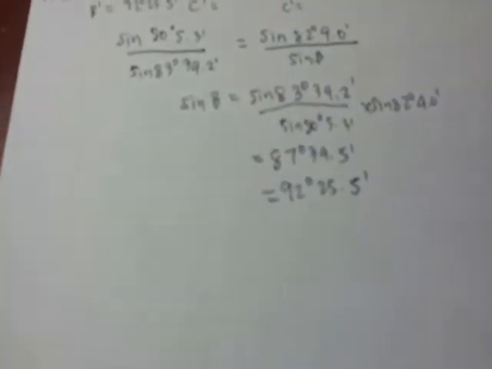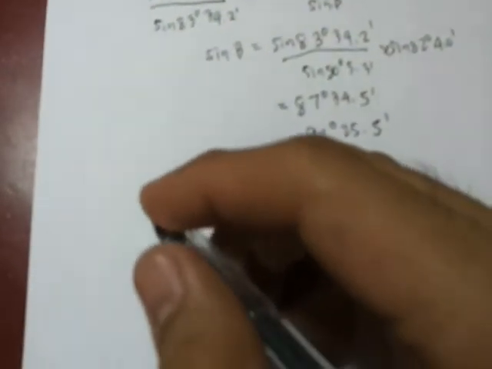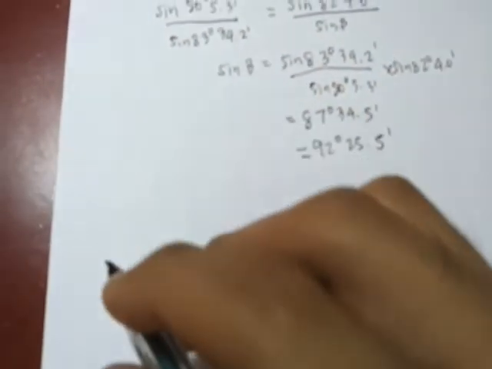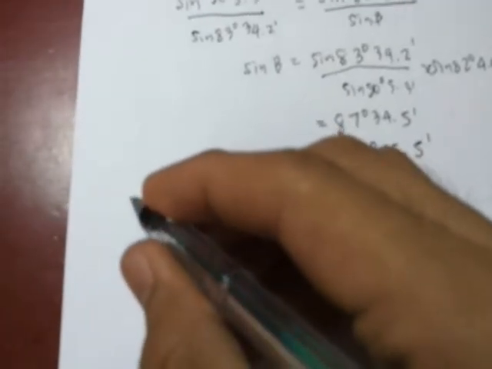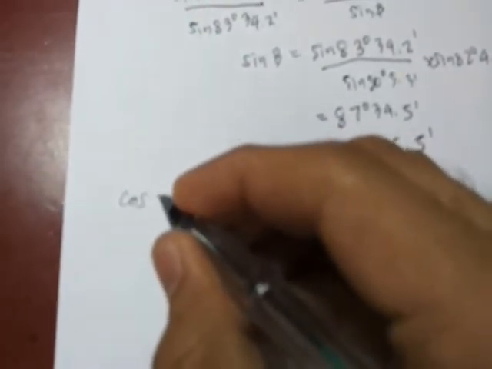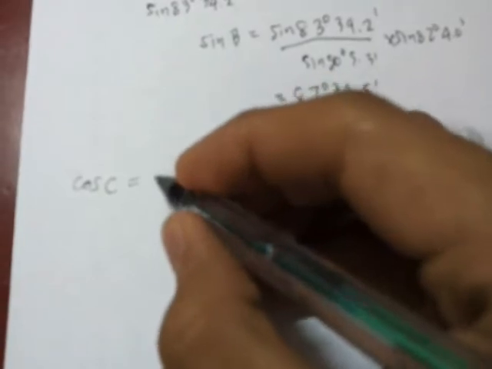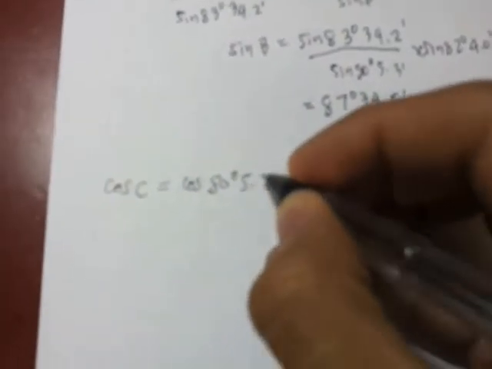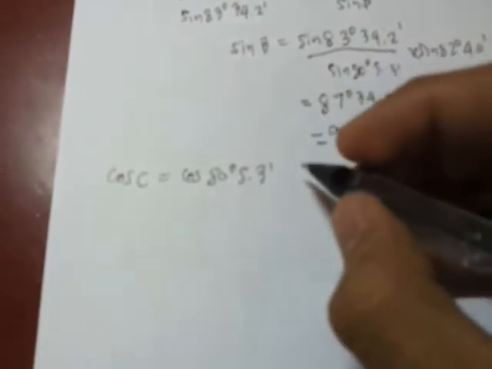So we have now the law of cosines for angles. So remember the formula. I just plug it in. So cosine C, cosine 80 degrees 5.3 minutes.